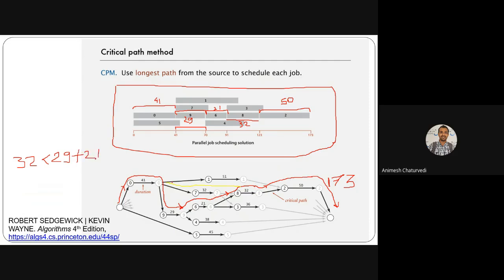So this other path would fail. Because we want to find out the longest path to complete the project, means this longest path gives us the maximum time that the project would take. Anyhow your project can't be completed before 173 units of time. Means 173 days would be required to complete this project.